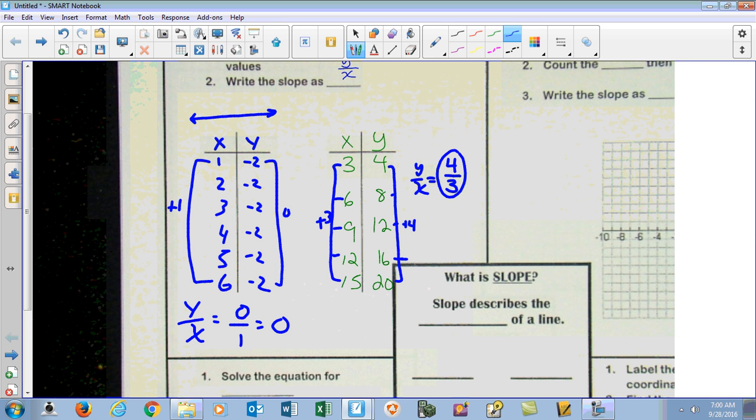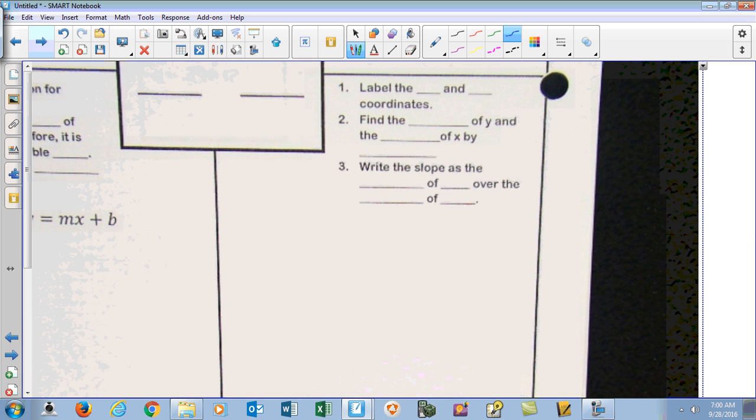All right, so let's move on to the bottom right, which is finding slope from 2 points. You're going to label the x and y coordinates to start. And then it says find the change of y, and the change of x, by subtracting.